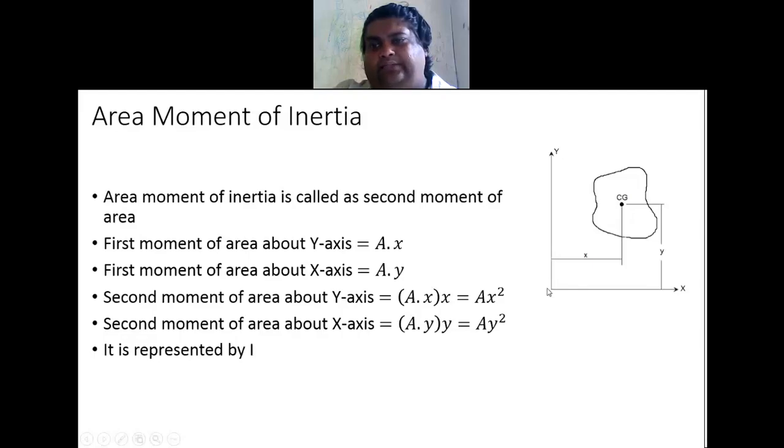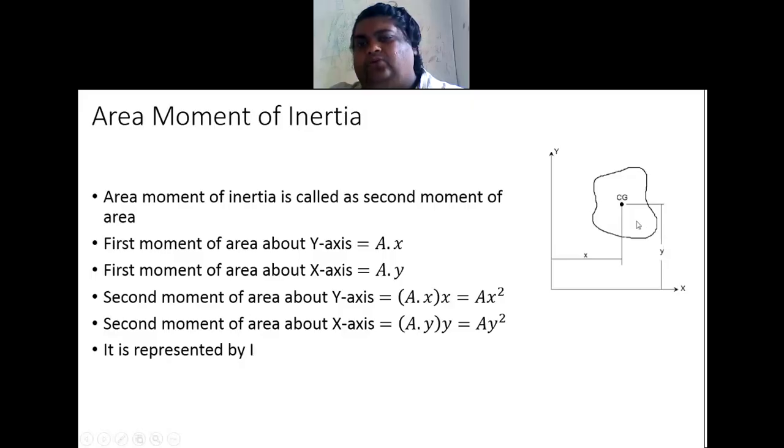So this is the y-axis, this is the area I have considered, and this is the CG of that particular area. The CG is at a distance of x from the y-axis. That is why the first moment of area about the y-axis is the area, A, into the perpendicular distance x.